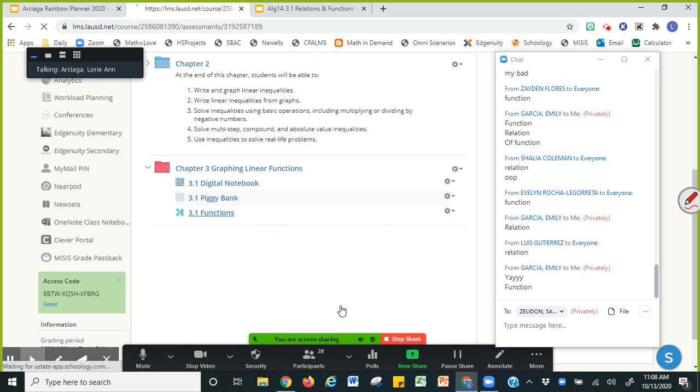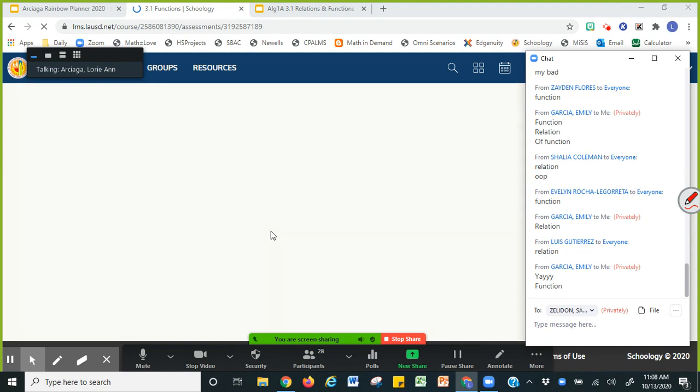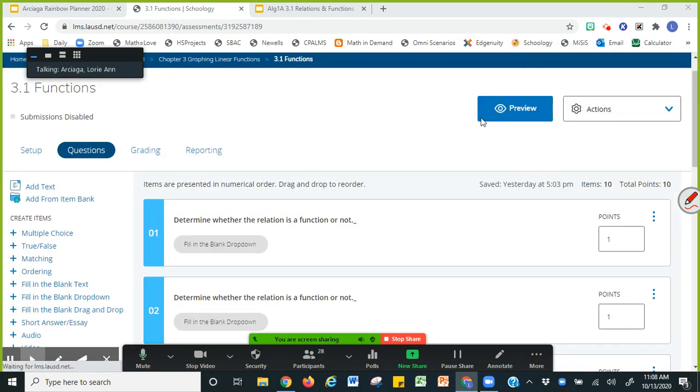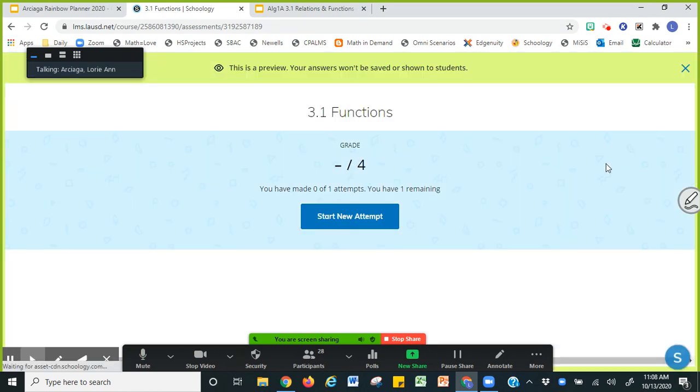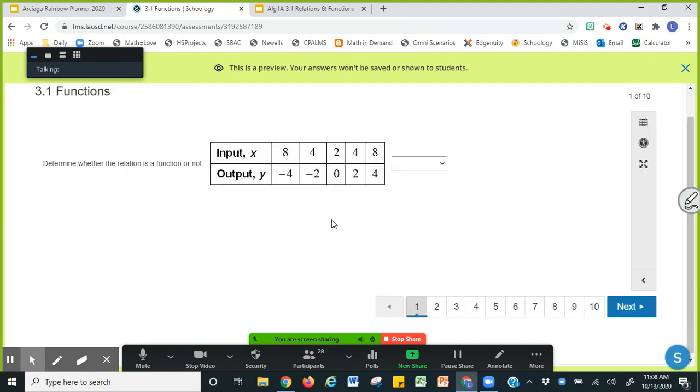So if I could put it up so you can see what's on it, you guys will use all the terms that we learned today. Let's go preview. All right, so you are going to use like a drop down and tell whether it's a relation only or a function.